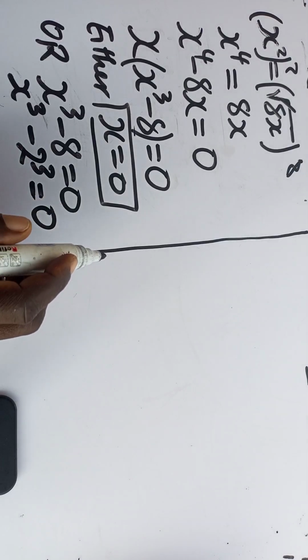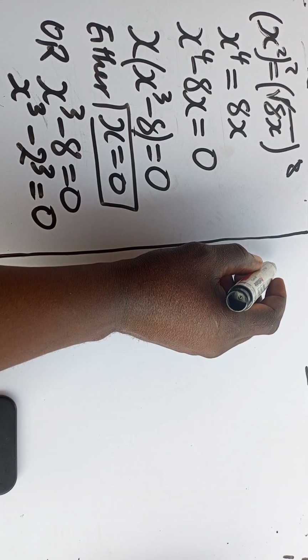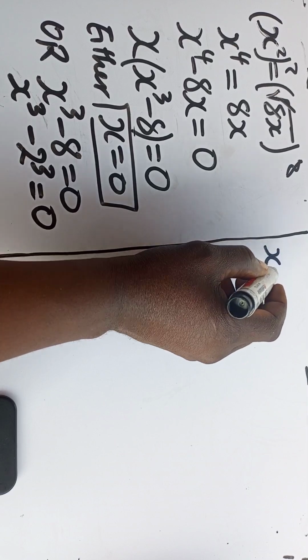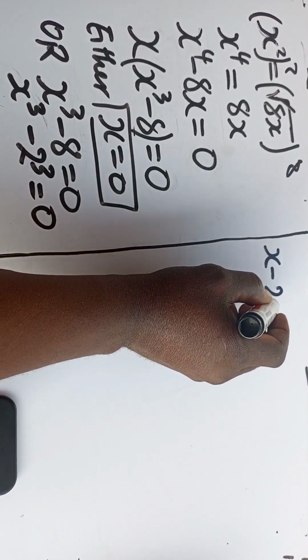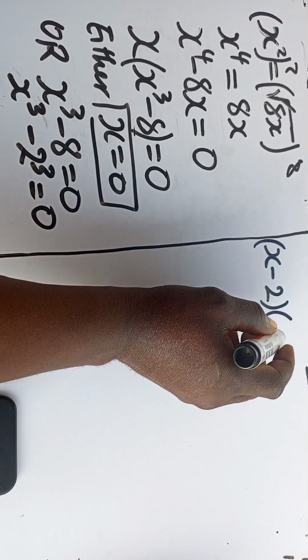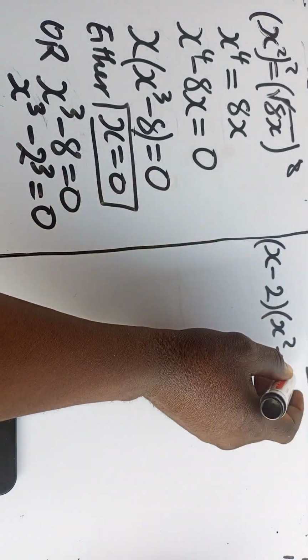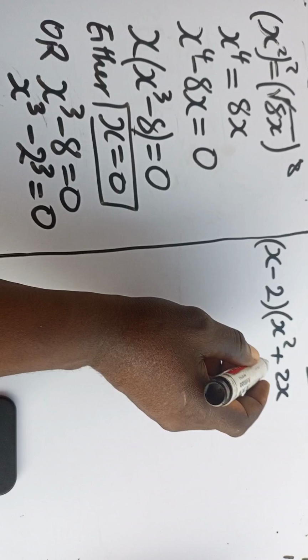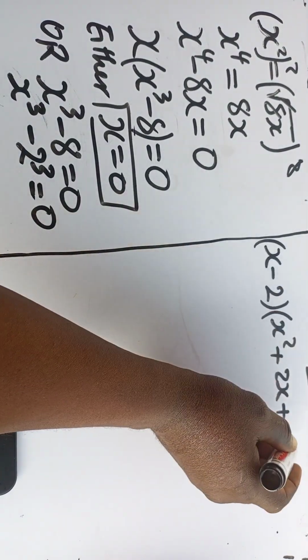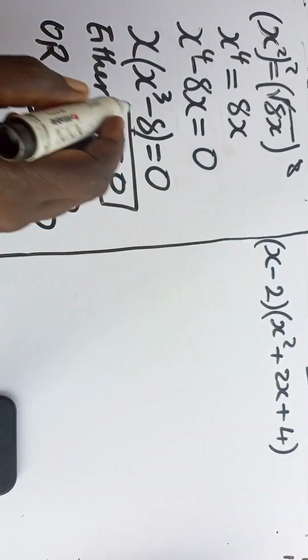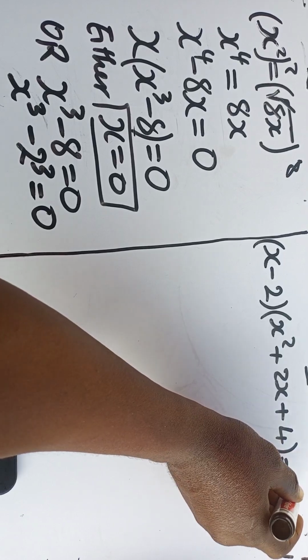Alright, so let's apply it. We're going to have x minus 2 into x squared plus their product 2x plus 2 squared, which is 4. This is equal to 0.